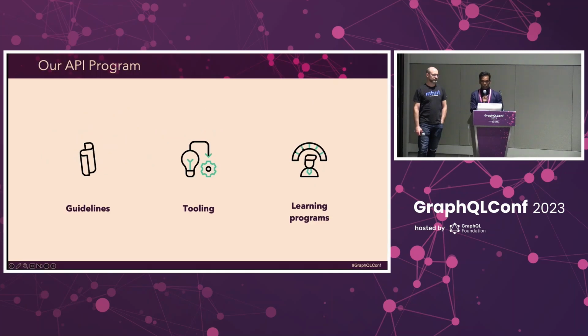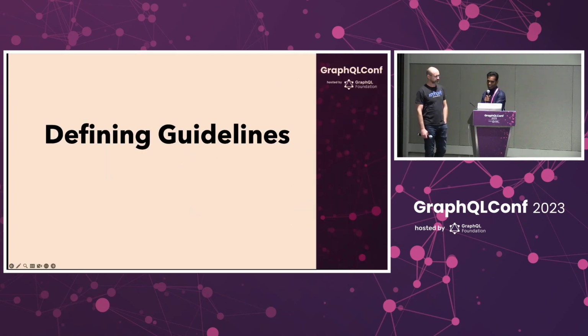This API program has 3 major components to it: the API guidelines and the best practices, tooling around those, and the learning programs that enable our community-driven developers reviewing code across the APIs. And we'll cover each of these sections in detail in this talk, and we want to share our learnings with you. And back to Jared to talk about the guidelines.